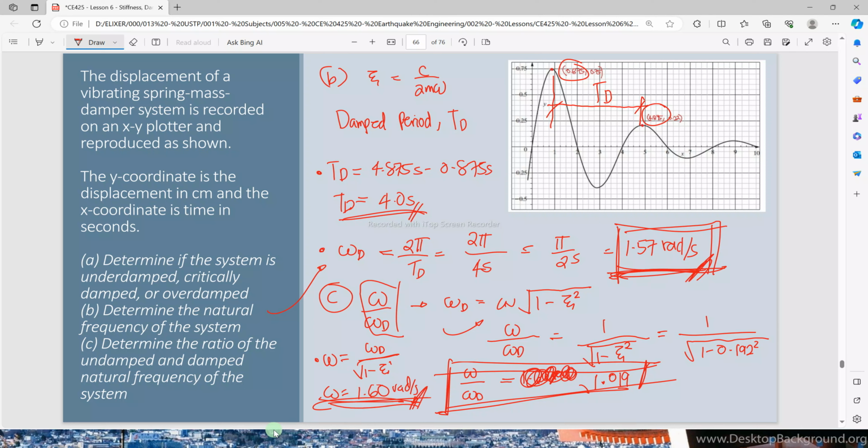Because they are so close, if we try to get the ratio of the damped over the undamped, it is almost equal to 1. That's why the logarithmic decrement earlier, we tried it as approximately equal to 2 pi times the damping ratio.